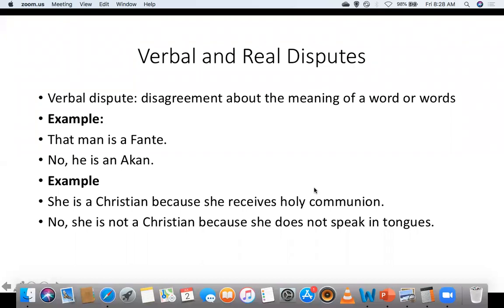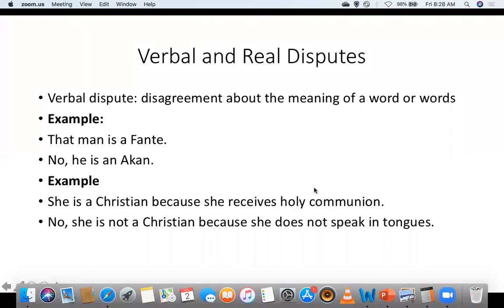For example, that man is a Fanti. And then someone says, no, he's an Akan. So this becomes an argument. Someone is saying, no, that man is a Fanti. The other person is saying, no, he's an Akan. So why do we have this disagreement?